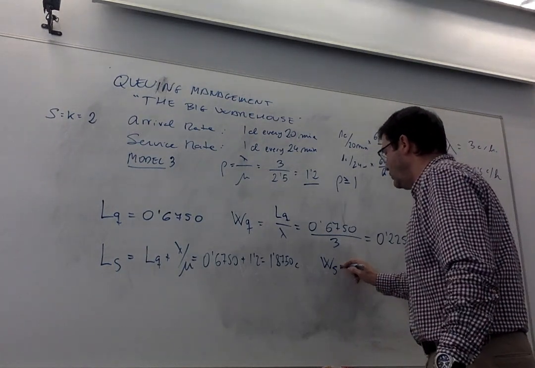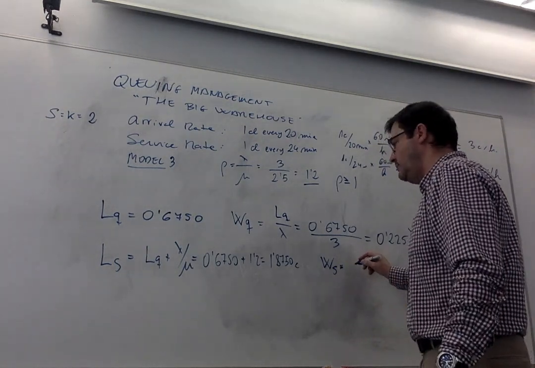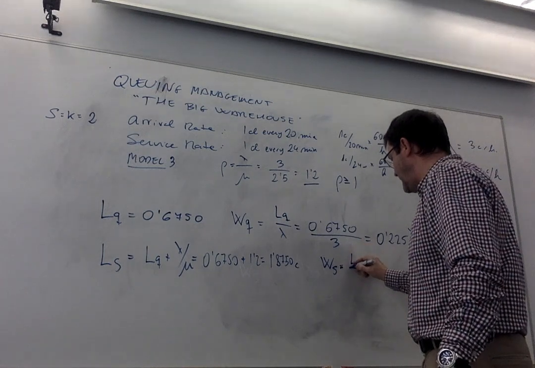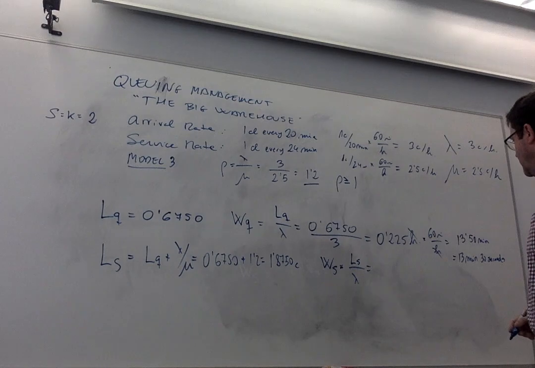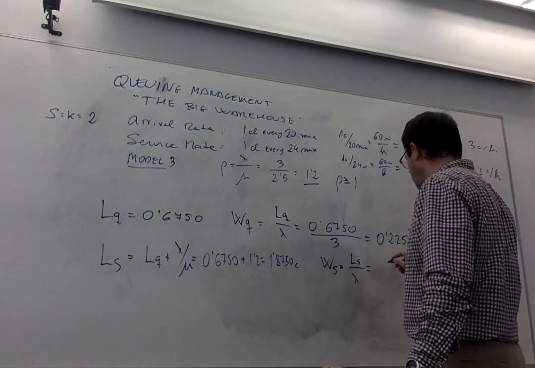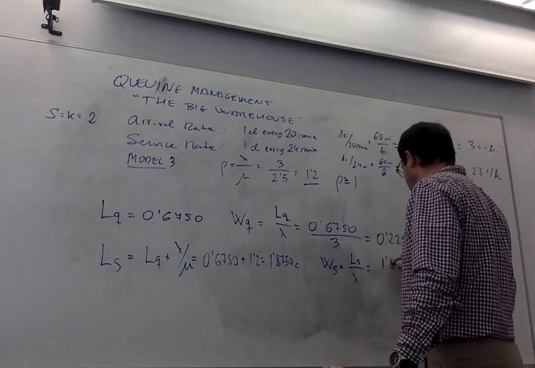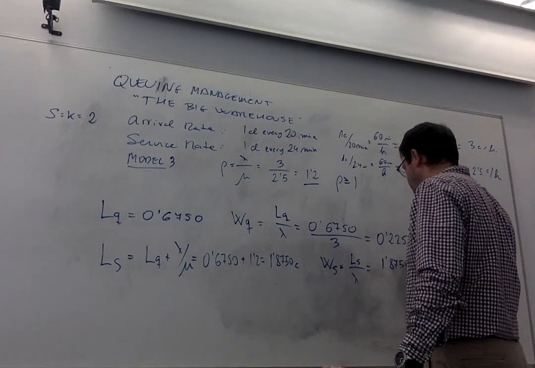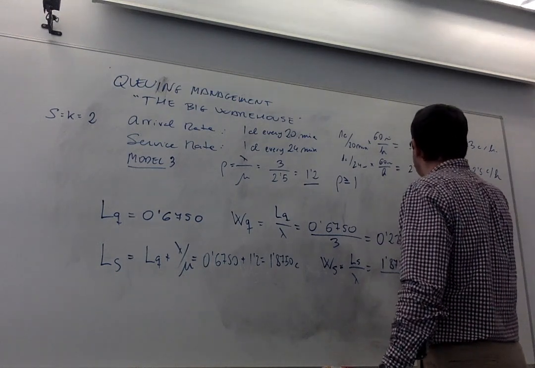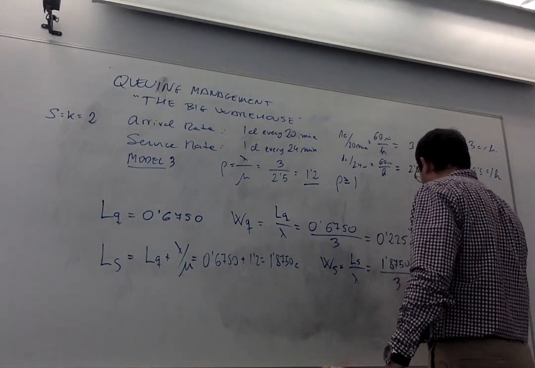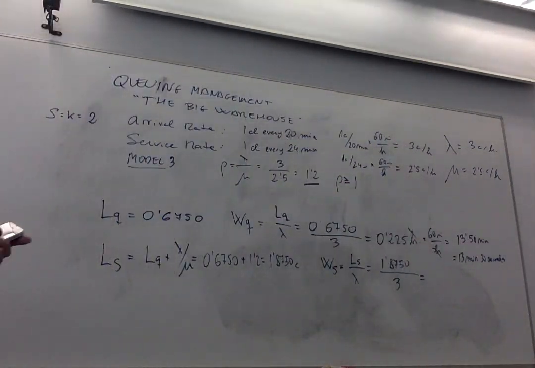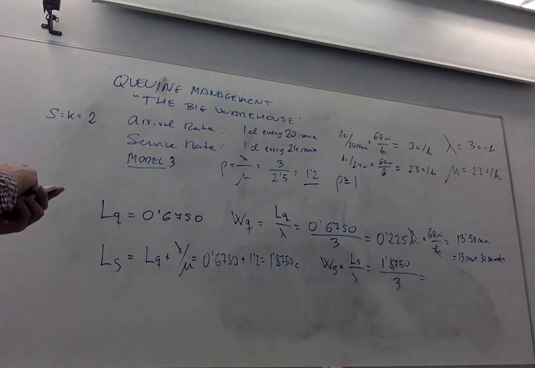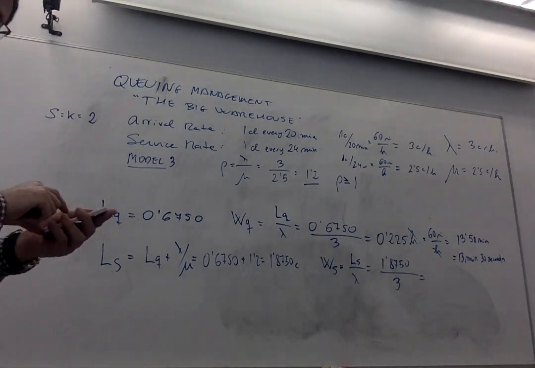And how long will these clients be queuing? So we get LS divided by lambda, and this equation is the same for the three models. And we get that this is 1.8750 divided by lambda, that is 3. And this will give us, you can do it, eh?